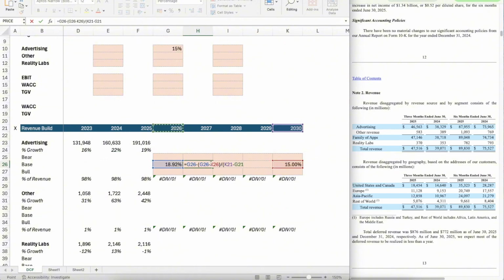And I always forget, but we need to lock in the column on this one. It just means that when we're copy and pasting it later, it's easier. But for the final year, we lock in both. Then we lock in the row here. This means we should be able to copy and paste it into the other revenue segments as well, with minimal adjustments.